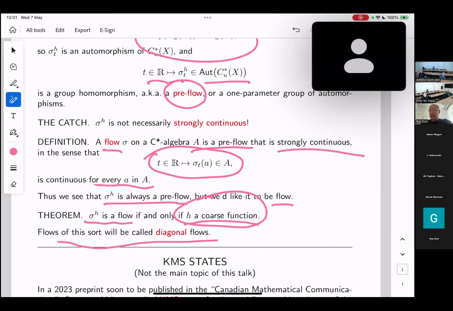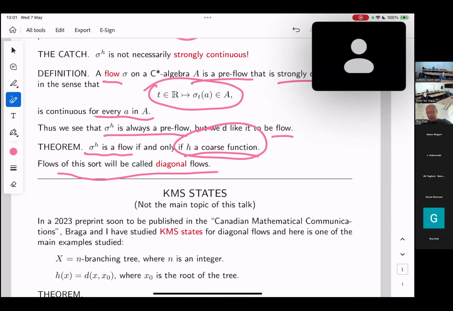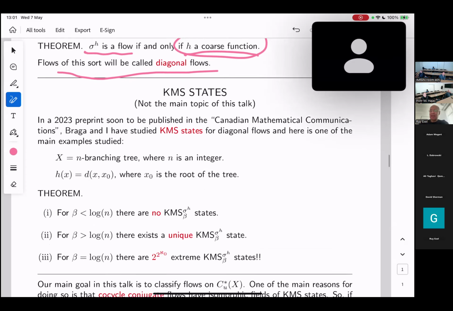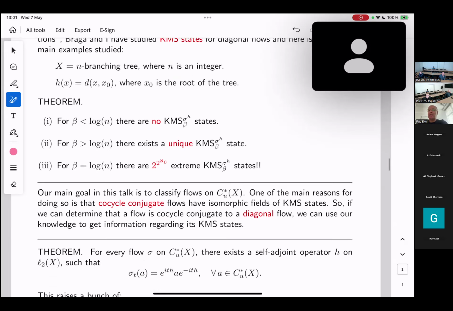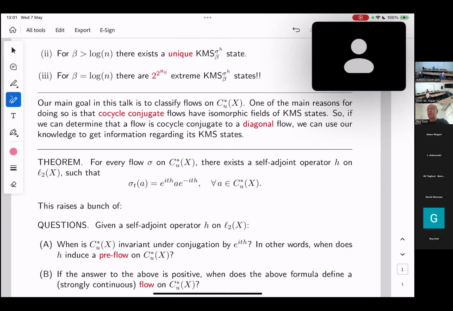At the beginning I thought that I was going to finish early, but I can see that time is running fast. So I'm simply going to skip the business of KMS states, and let's go straight to the main point, which is classification of flows.